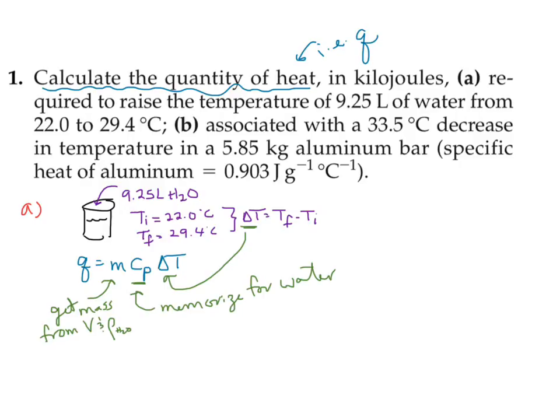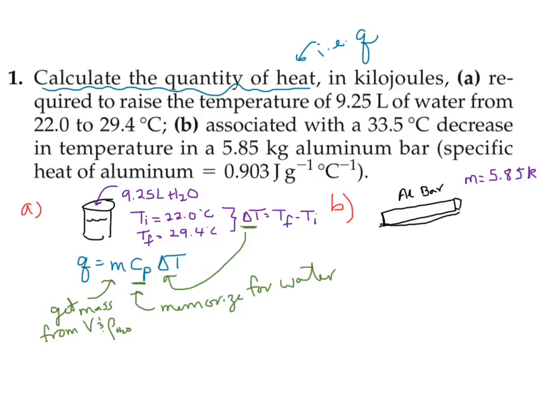So I'll push these out there, but this is what it looks like. We're going to use Q, and in green here I said for mass you're going to have to use that volume of 9.25 liters and the density of water to get the mass. But other than that, it should be kind of straightforward.